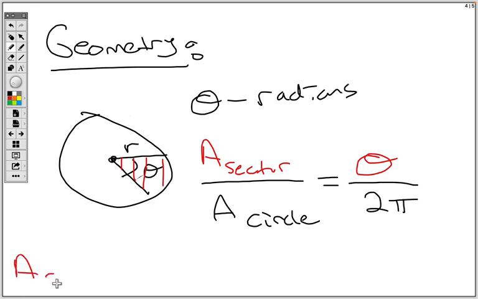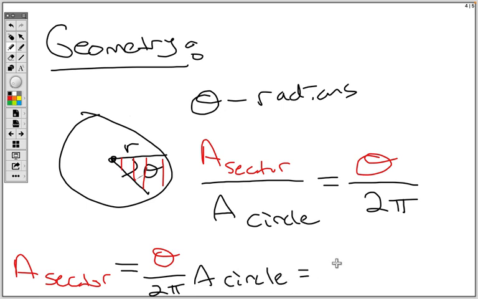And so this gives me the formula that the area of a sector is going to be theta over 2 pi times the area of a circle.